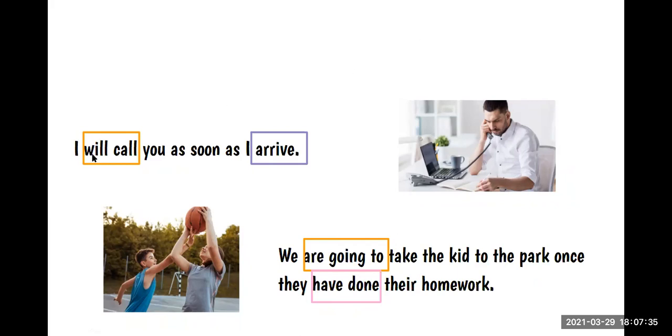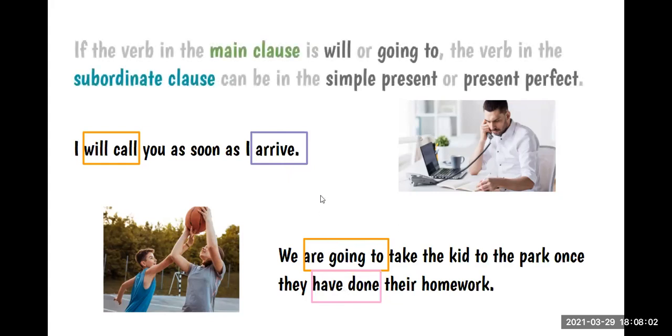Yes, when the main clause is in the future simple, the subordinate clause can be in the present simple. And when we have be going to in the main clause, we can use the present perfect in the subordinate clause. So we are going to follow this rule, okay?